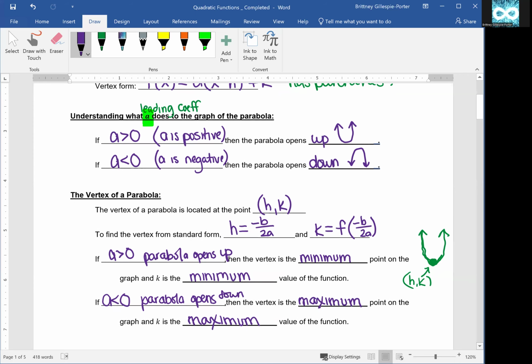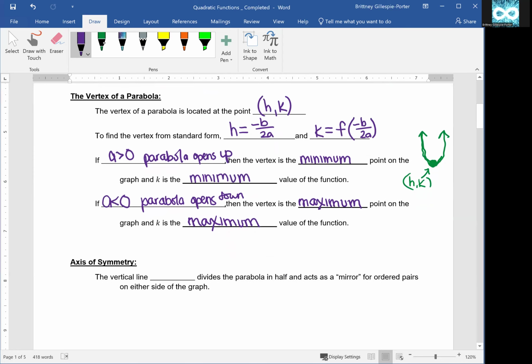And if we look at a drawing of that, my graph would be going down. (h, k) is our turning point. So vertex is turning point. And here it's at the very top. And that's why it's a maximum.